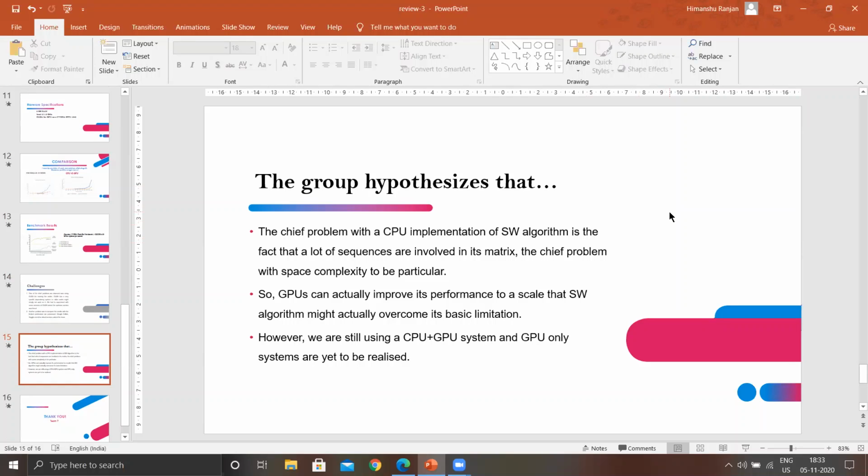So on a GPU-only architecture, or an architecture where GPUs are very powerful, the SW algorithm might be able to overcome the limitation it currently has. However, the problem today is that we still rely on a combined CPU-GPU architecture.